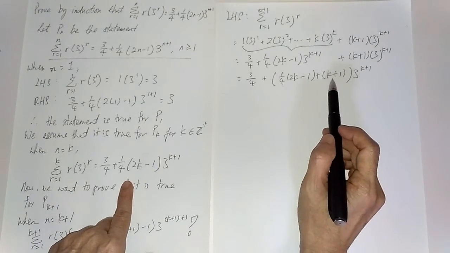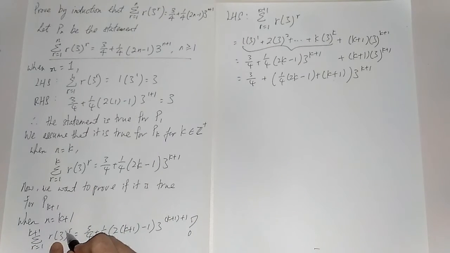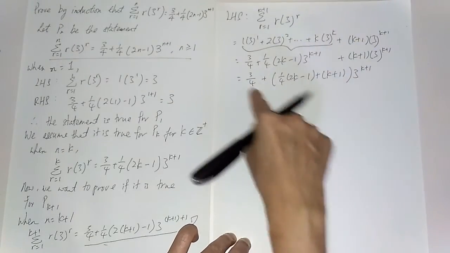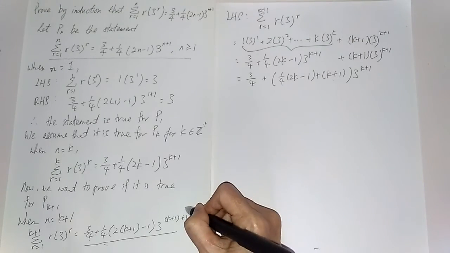We want the left-hand side to equal the right-hand side. If we can get this expression here, then left equals right for n equals k plus 1. So we want to make sure that when we tidy up, the expression is equal to this.